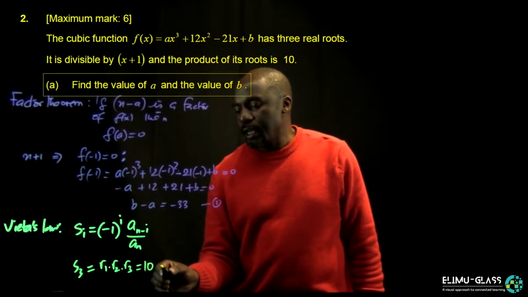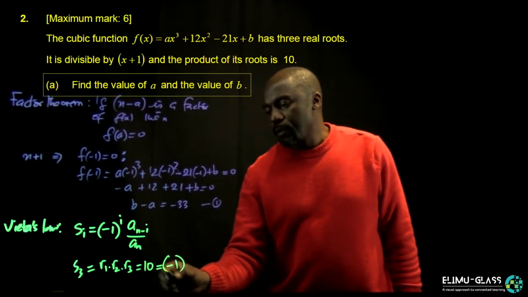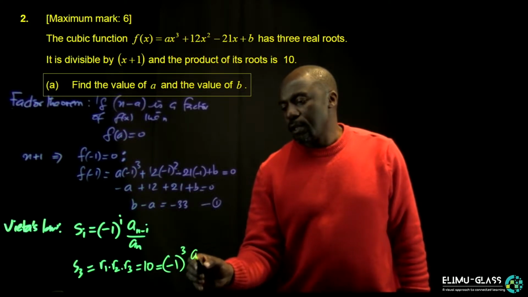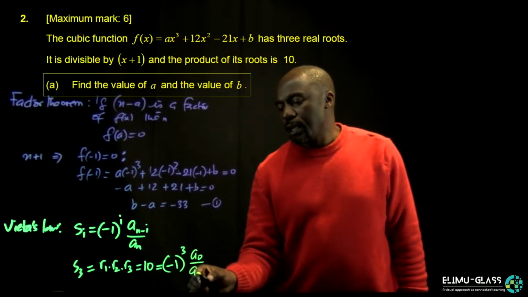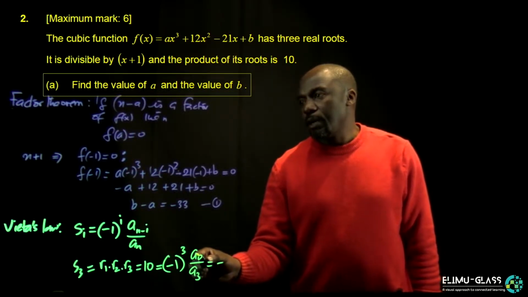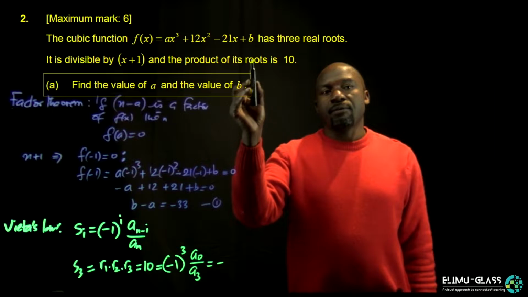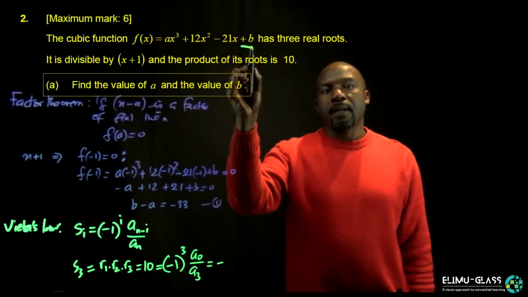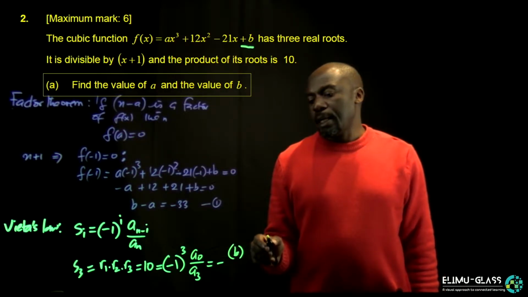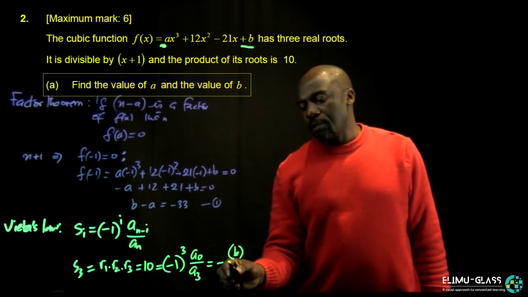This is going to give us 10, but by this rule here, that would be the same as negative 1 power 3 into 3 minus 3, so a naught over a3. In our case, a naught refers to the value of b in the polynomial there. Okay, so that is b. And a3 refers to the value of a right here, and so that is b over a.